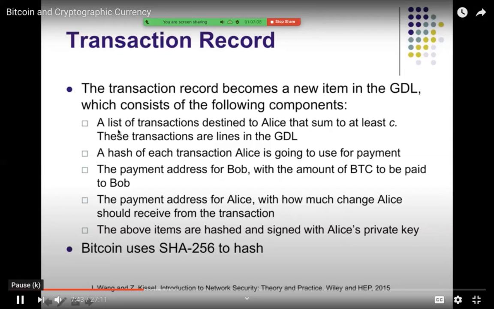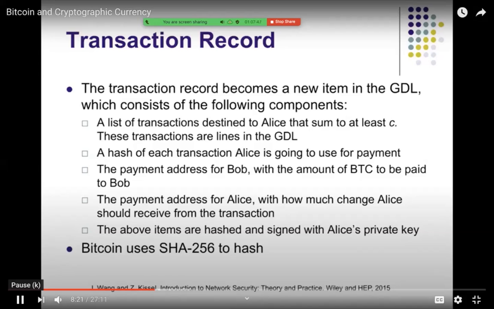Number one, a list of transactions destined to Alice that sum to at least C units. These transactions are in the blockchain, in the GDL. So this is the ledger. This is a list of transactions, and the second component is a hash of each transaction Alice is going to use for payment. So for each transaction, there is a hash value.